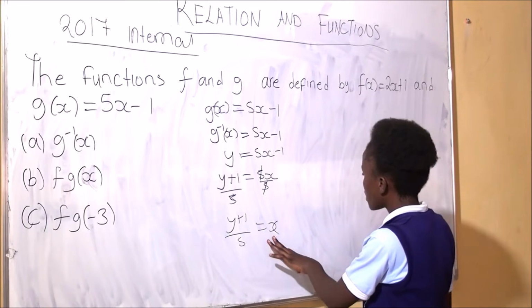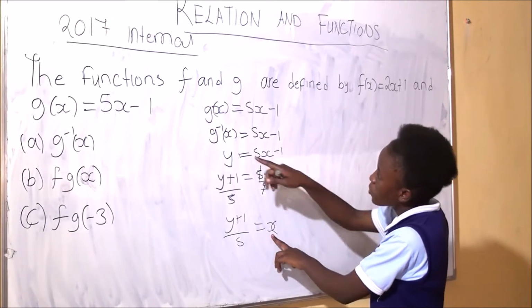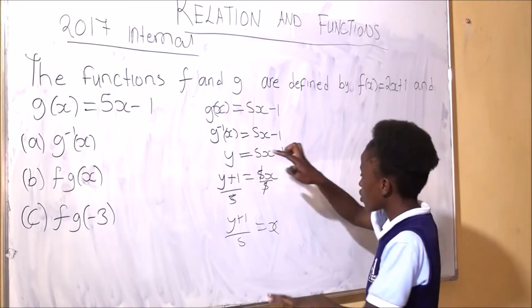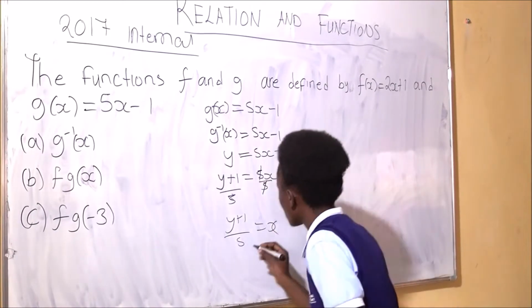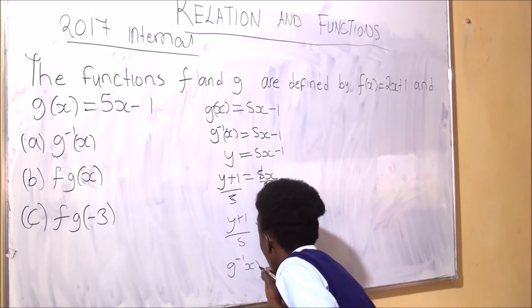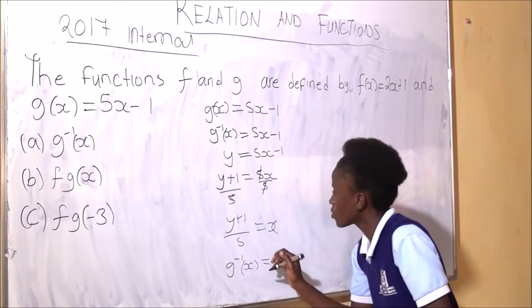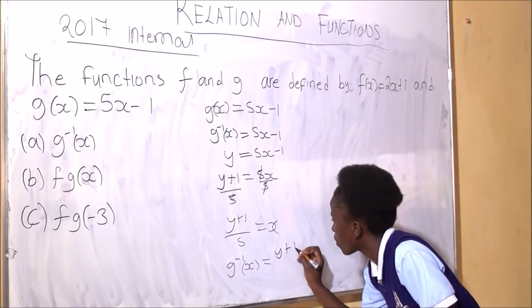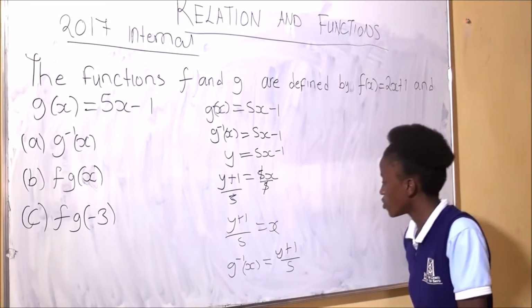Therefore, we replace this x by g inverse of x, because our question is saying find g inverse of x and not find x. So g inverse of x is equal to y plus 1 over 5. Not yet.